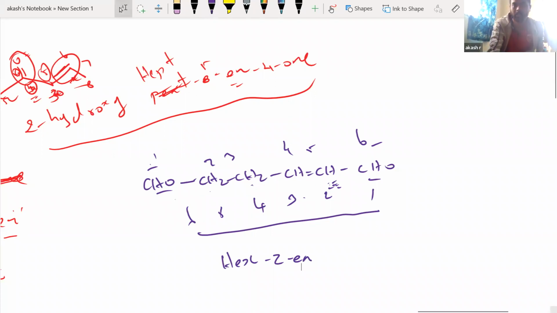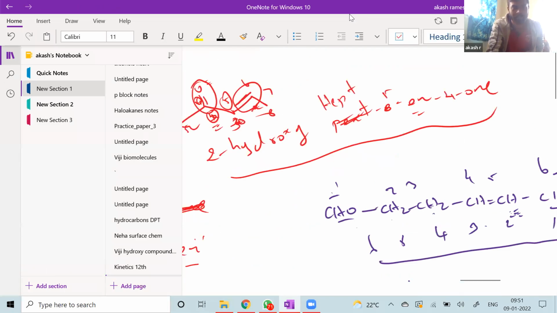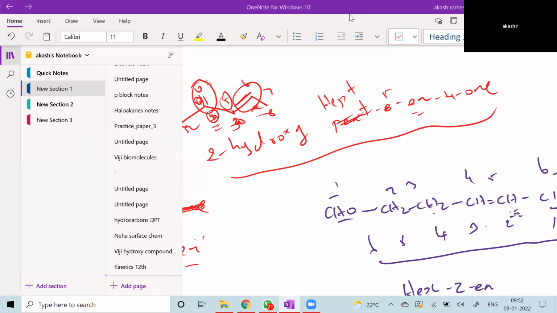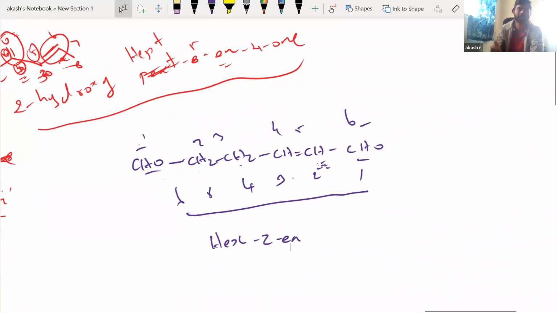As I said, we have 6 carbon atoms, so it is hex.